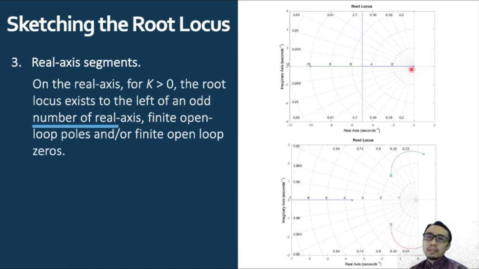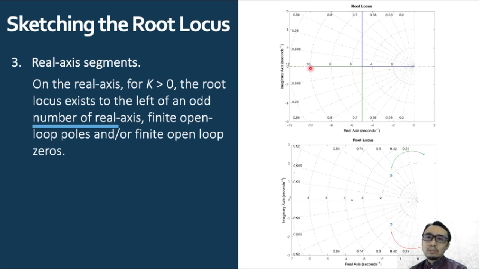So you can see in this part, this part is to the left of a pole. Here we have one pole, so odd. One is odd, so you have the locus here. But over here you don't have any locus because to the right here is 2, so that's even.